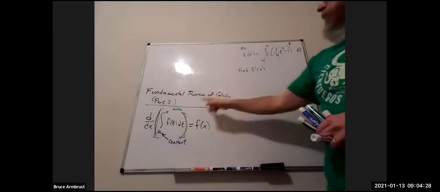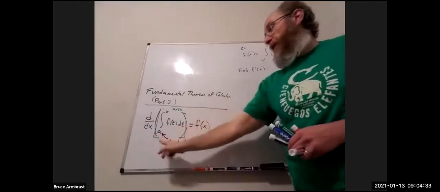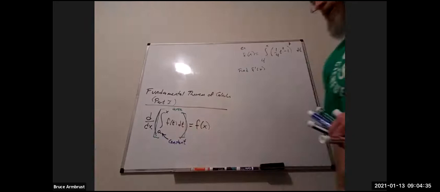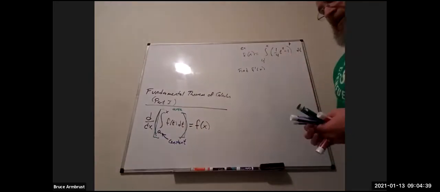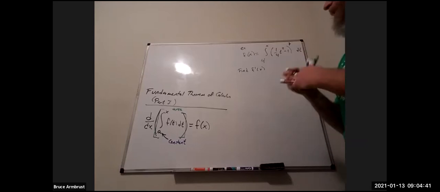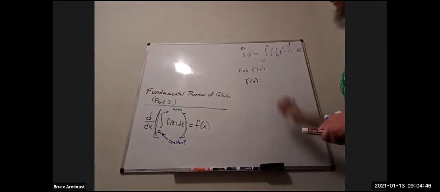Instead, recognize we're doing exactly this. We're differentiating a function that looks exactly like that. All right, well, if we differentiate an integral, what we get is the same function that we started with.